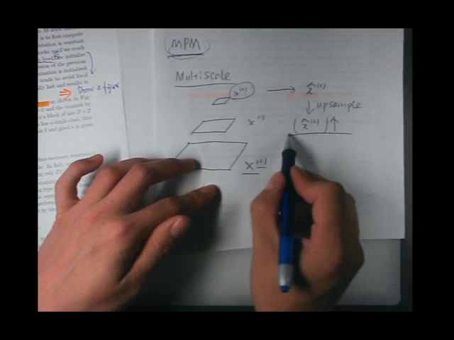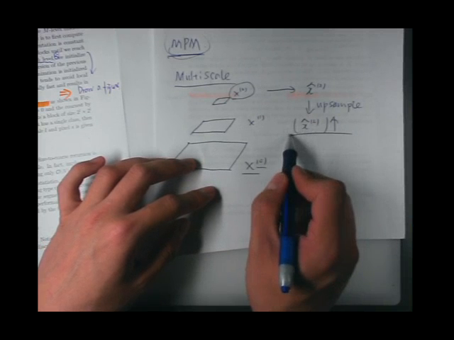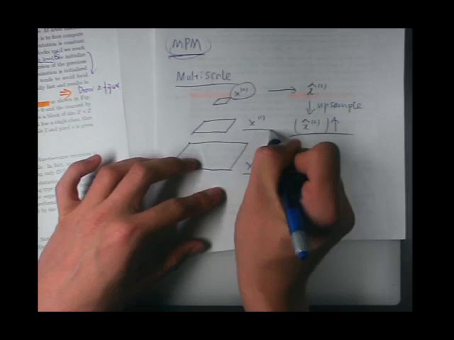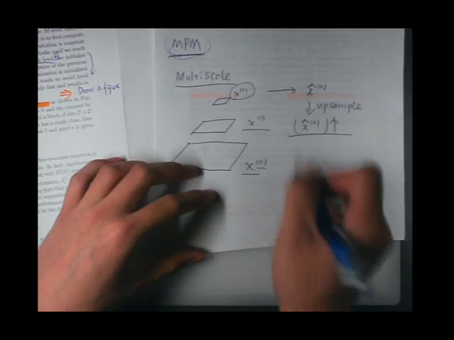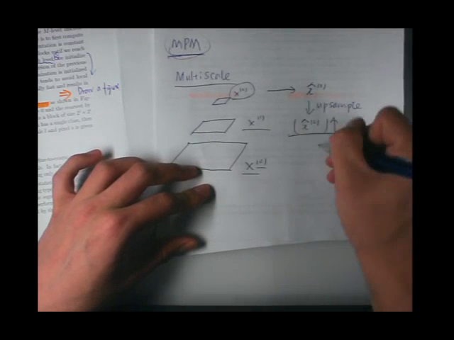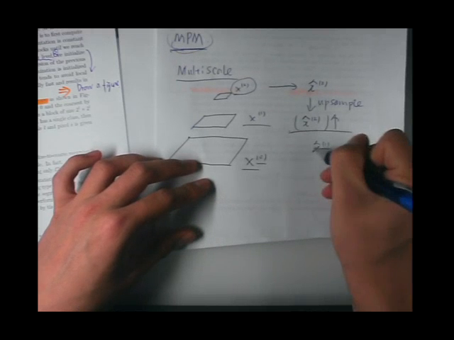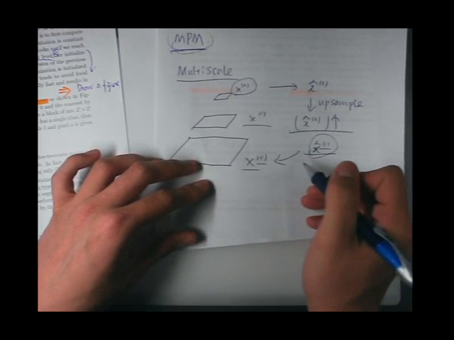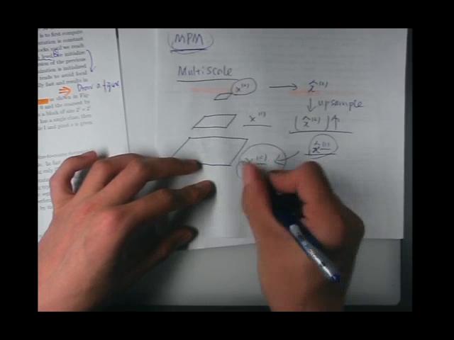We use this upsampled version of x hat 2 as the initial condition to estimate x1. We do it repeatedly. When we have the estimation of x1, we upsample it and use the upsampled version of x1 as the initial condition of x0.